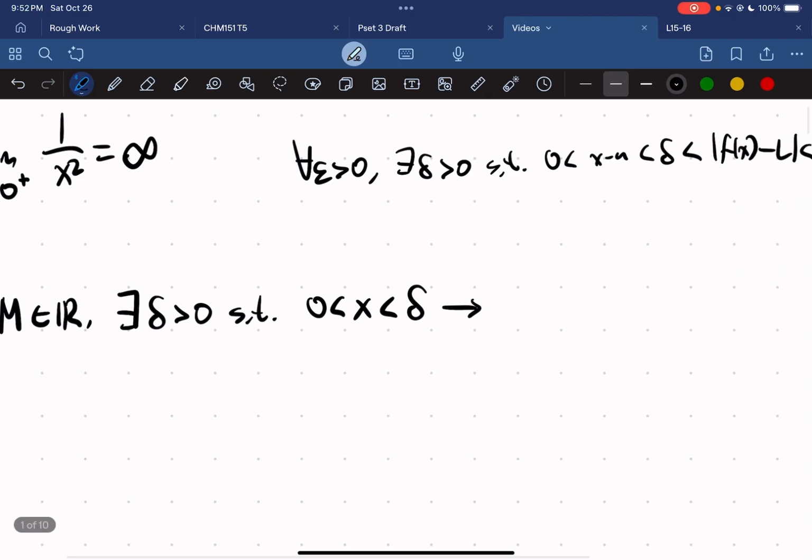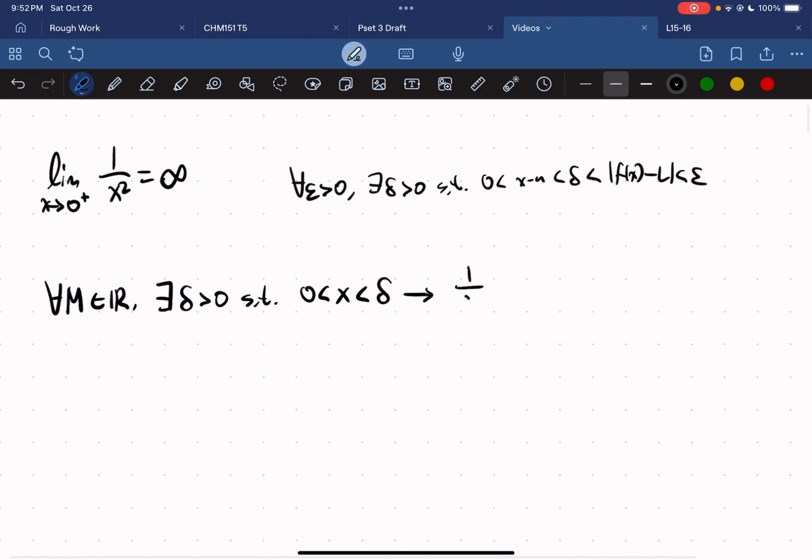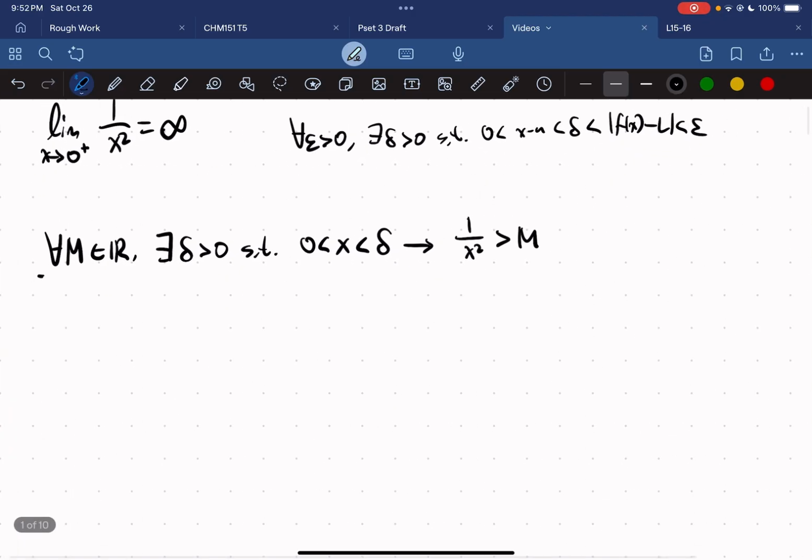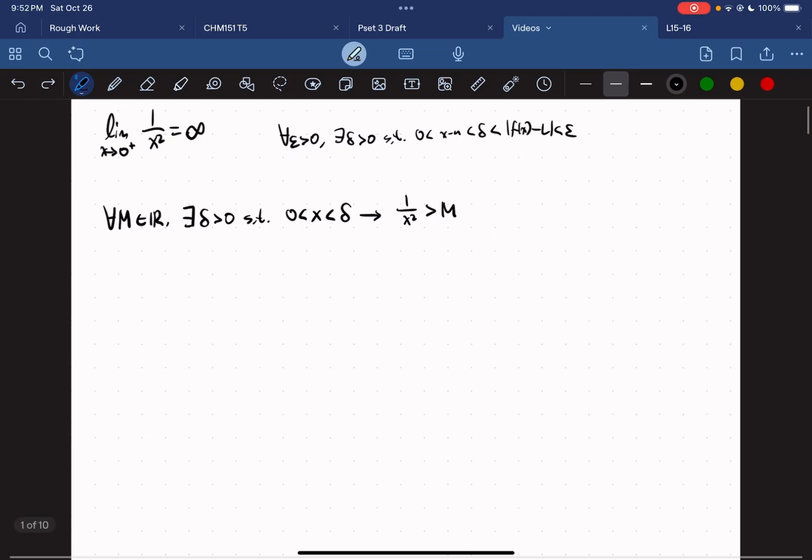And we want this function, 1 over x squared, to be greater than m, right? Because we're basically saying for any arbitrarily large number, we can find a delta. In other words, we can find a delta such that this is true. And if we can prove it for every real number, that means we've proved it goes to infinity, right? Okay, so this should all make sense. So this is our want to show.